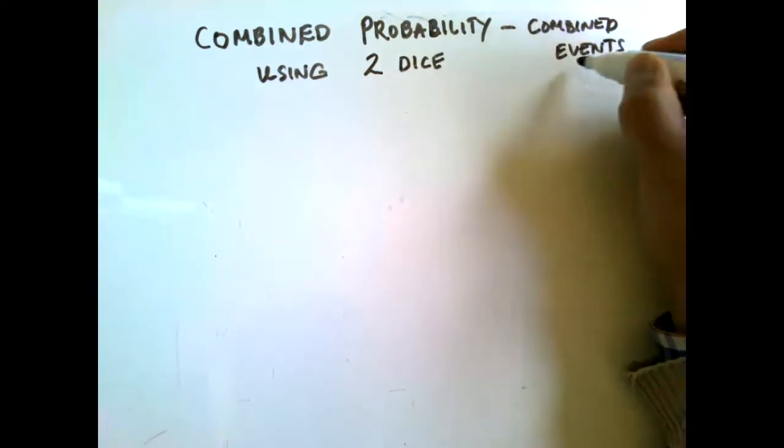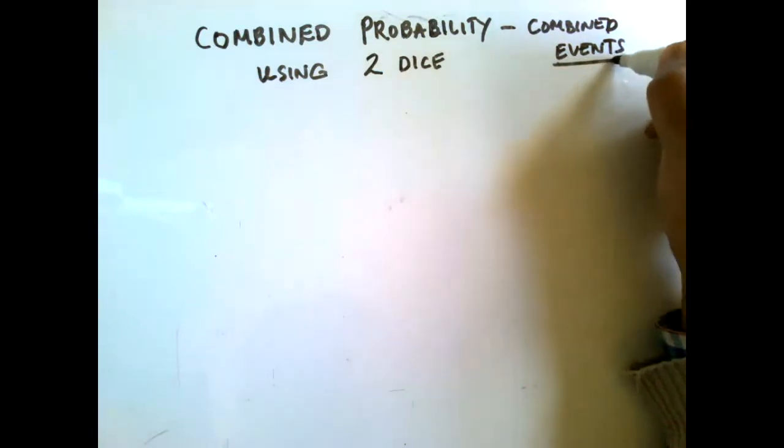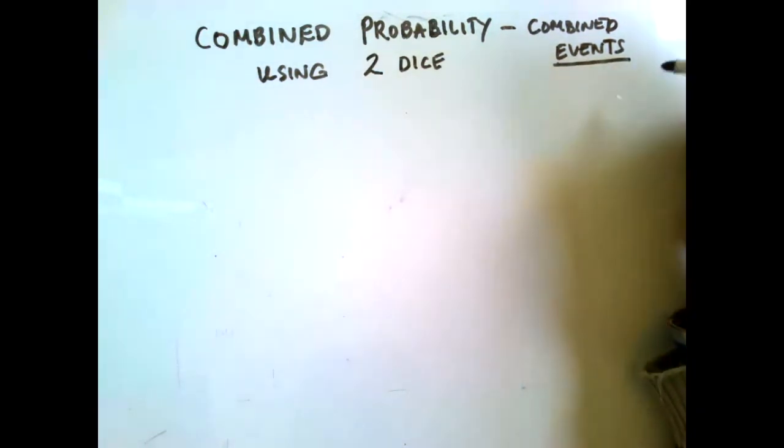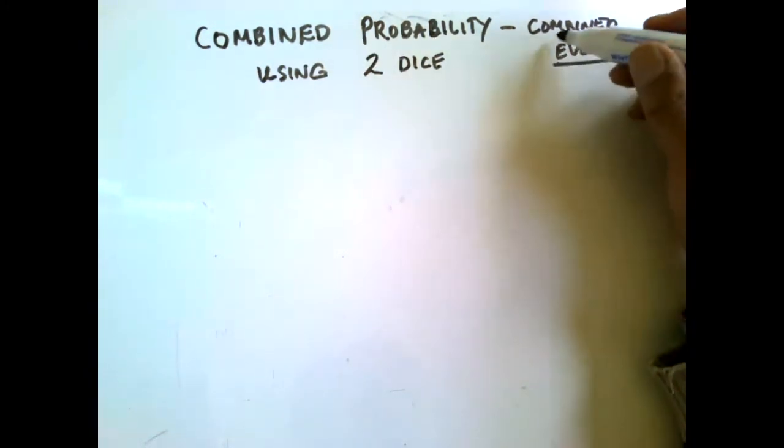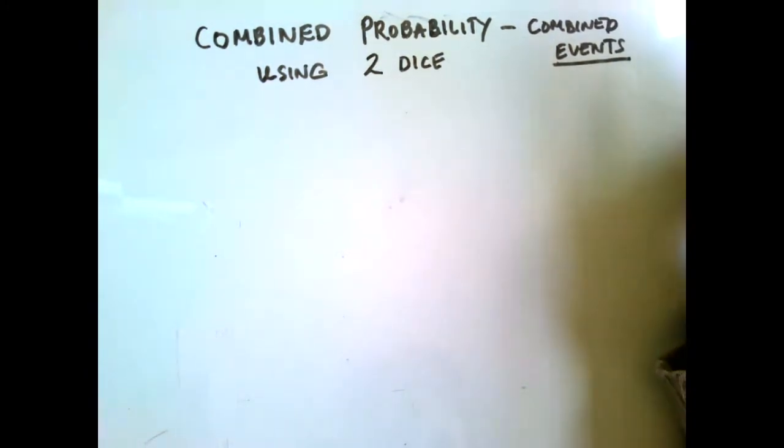So, events, or what are the other terms for events? Happenings, or an activity, or occurrence is also a way of saying this topic is combined occurrences or combined happenings.